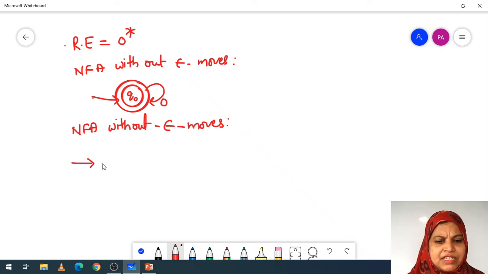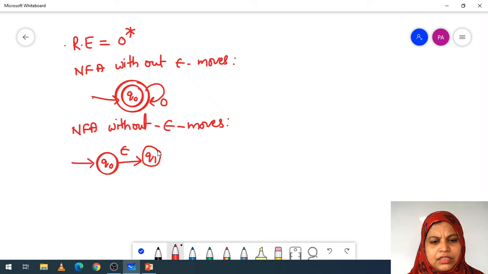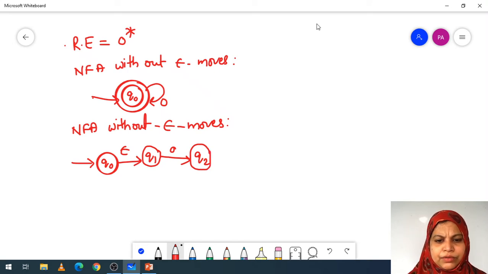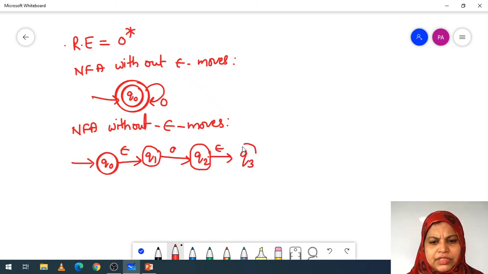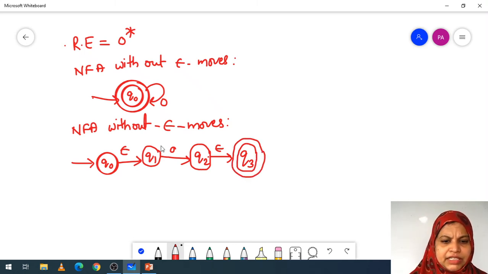First we have to take one state q naught, then epsilon, then q1, then 0, then q2, then epsilon, q3, this is my final state.